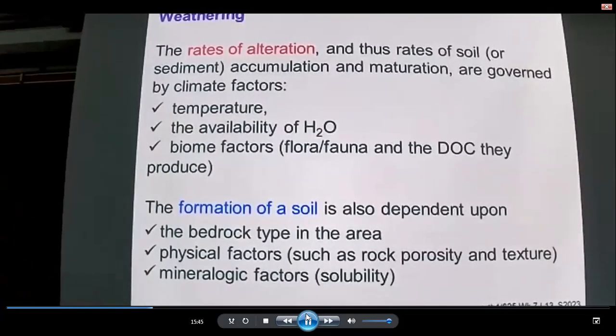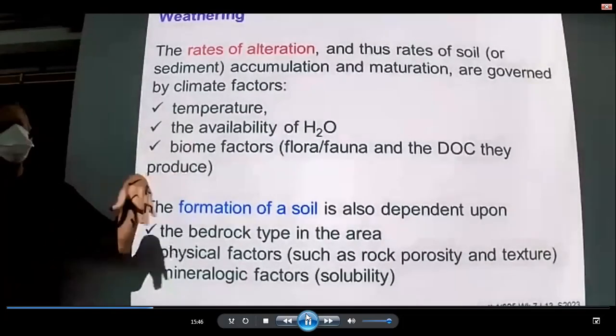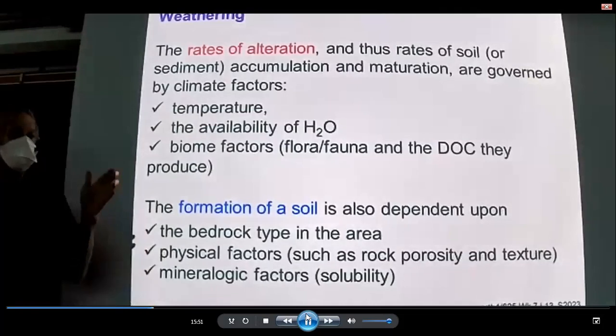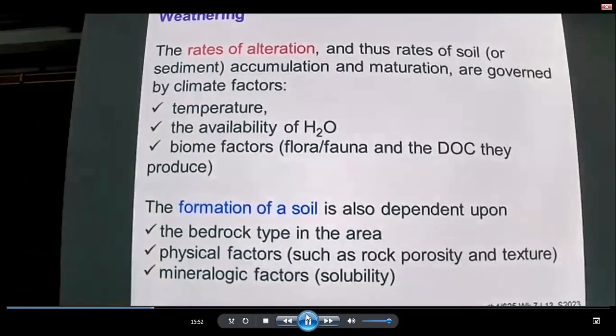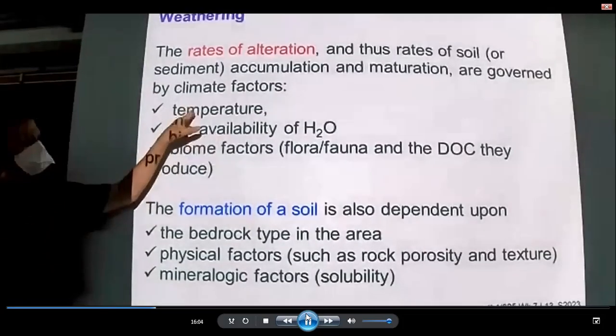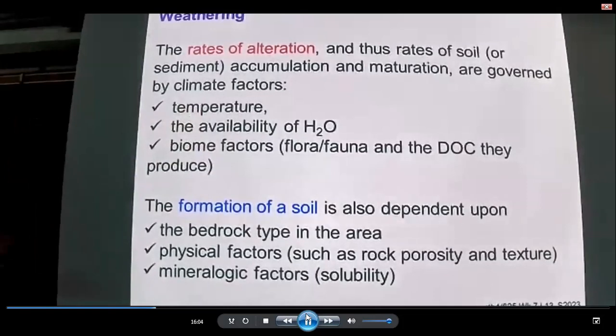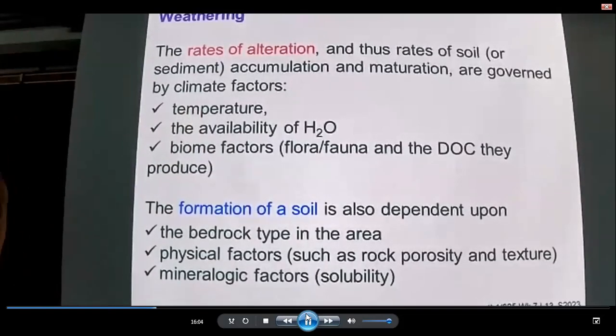Now, we also need to consider that the formation of a soil from this place or that is also heavily dependent on things like what kind of rock do we have in the area, physical factors such as how is the rock composed, both physically and mineralogically? What are the sizes of the grains that are in there? What is the porosity? Are the grains big or small? Do we have freeze-thaw cycles? Can the rock disaggregate into large grains or small grains?